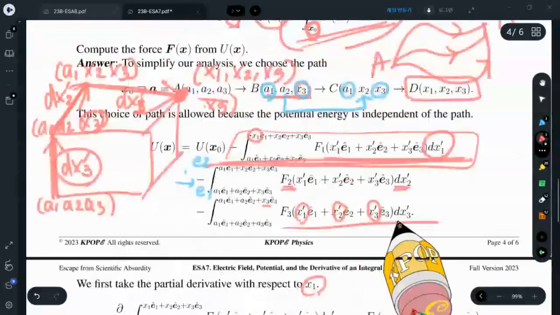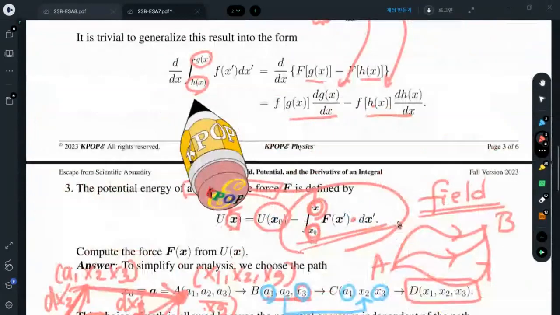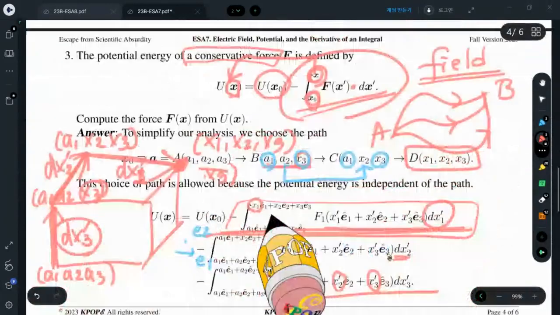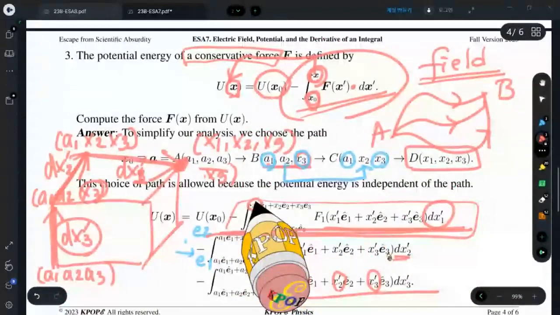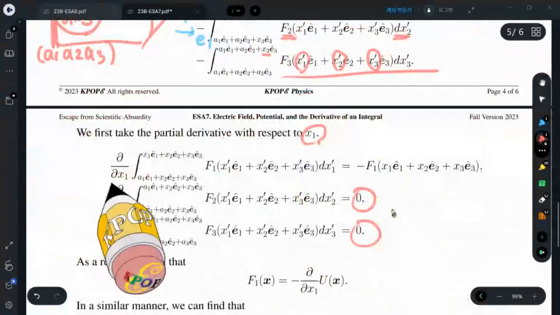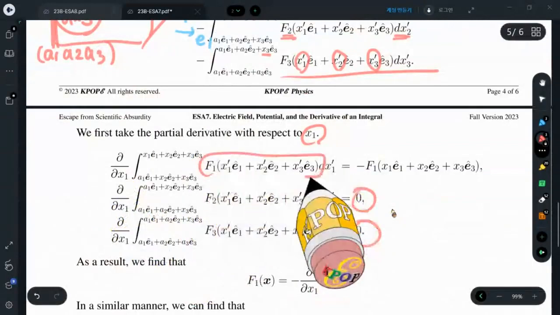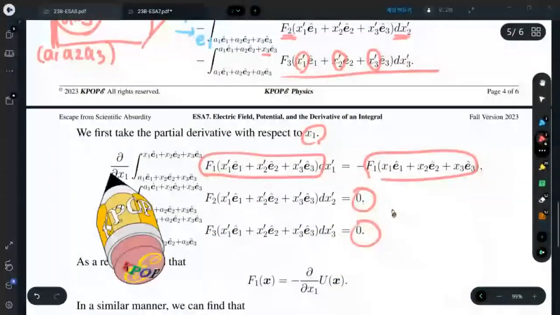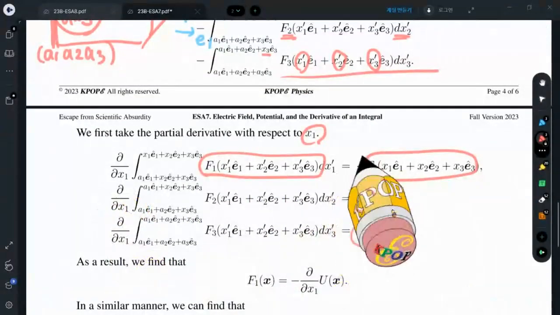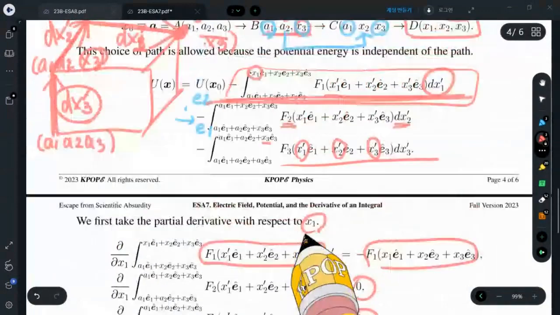As you know, by our derivative rule, here we have a simple dependence on x. Therefore, this derivative is nothing but the first component of the force, and we have a negative sign.